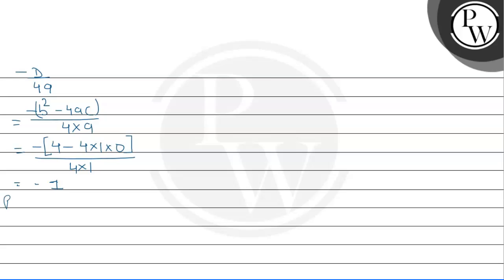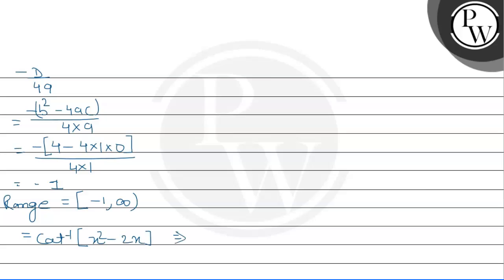So the range is equal to minus 1 comma infinity. Okay, if we put the value, then cot inverse of x square minus 2x.